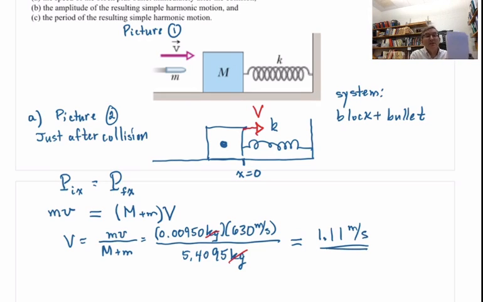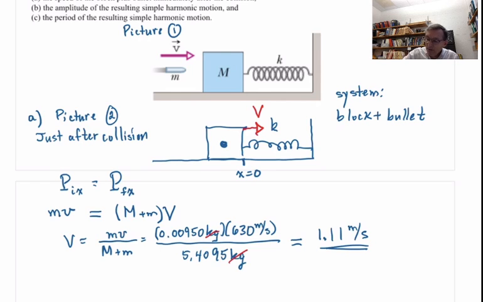And that's how fast the bullet plus block combination is moving right when the collision ends and right when the simple harmonic motion begins. That's what we're talking about in parts B and C. Part B asks for the amplitude of the resulting simple harmonic motion.